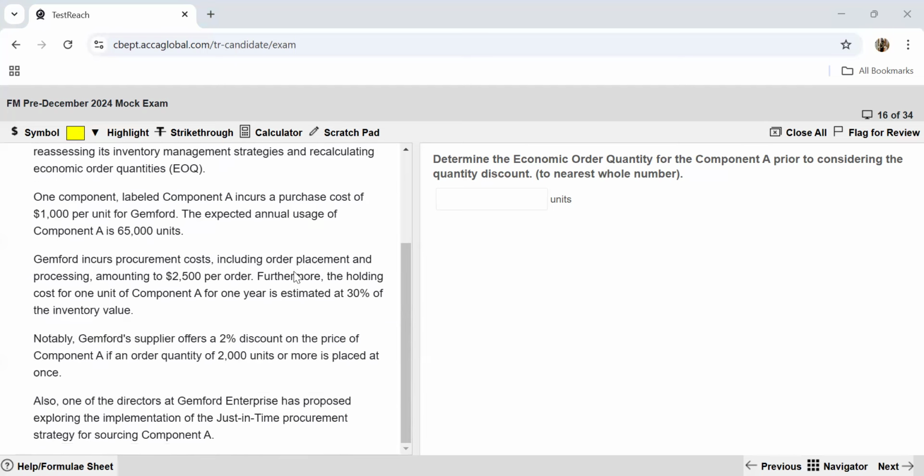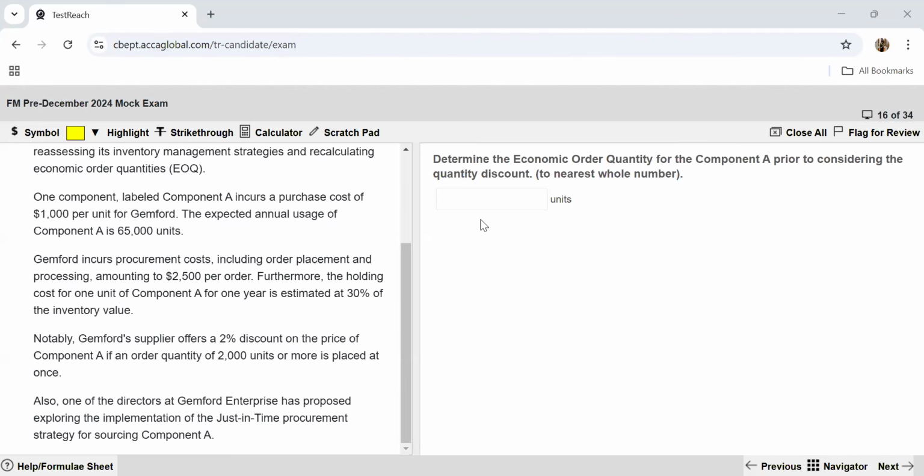Now, one component labeled component A incurs a purchase cost of $1,000 per unit. The expected annual usage of component A is given to us as 65,000 units.